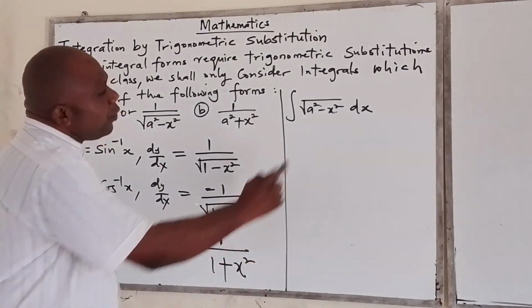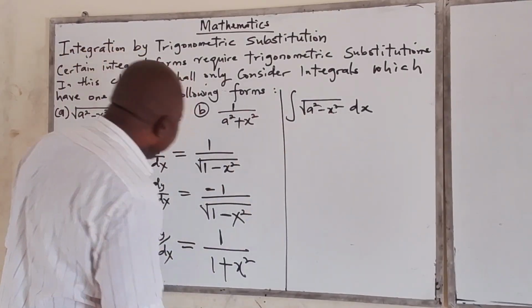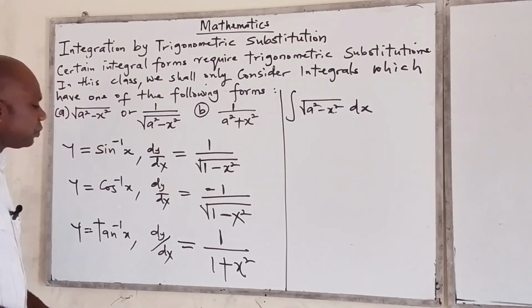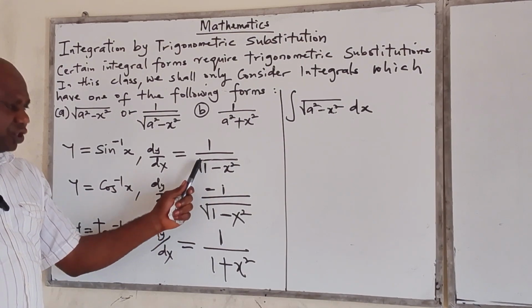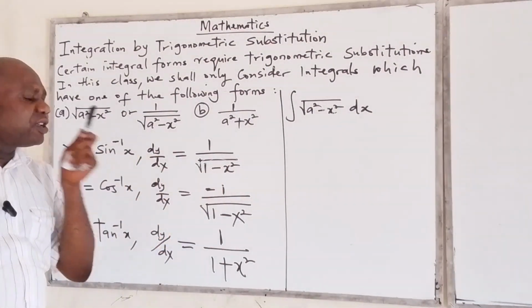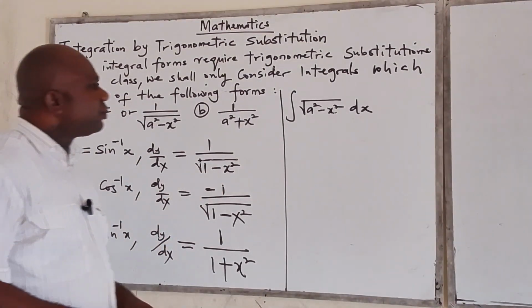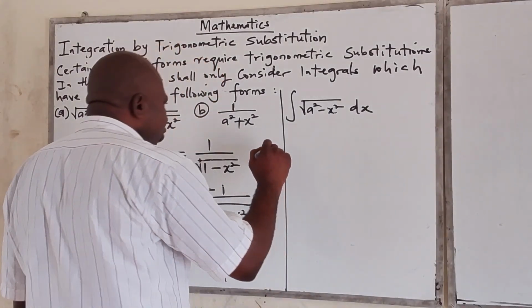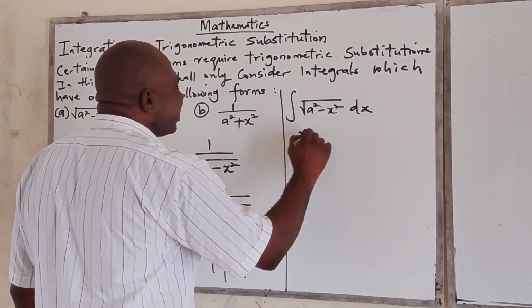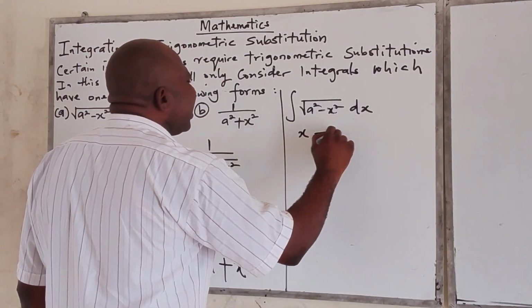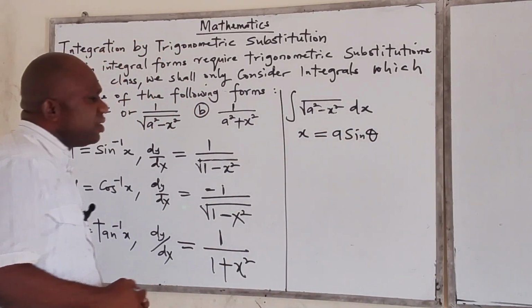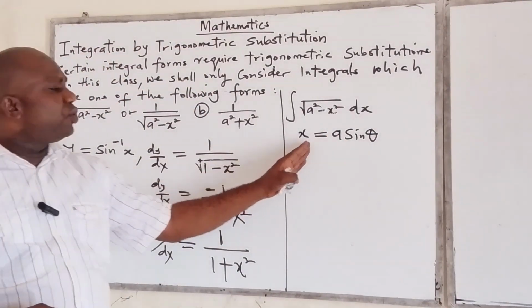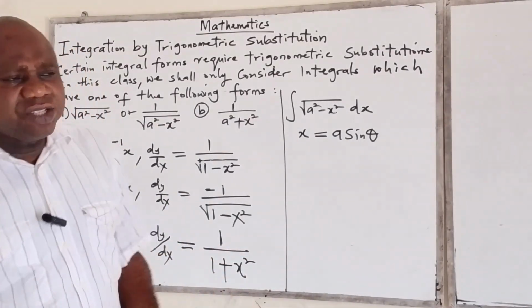You will see that it actually matches the square root of 1 minus x squared. So in this case, we're going to be substituting x to be equal to a sine theta.